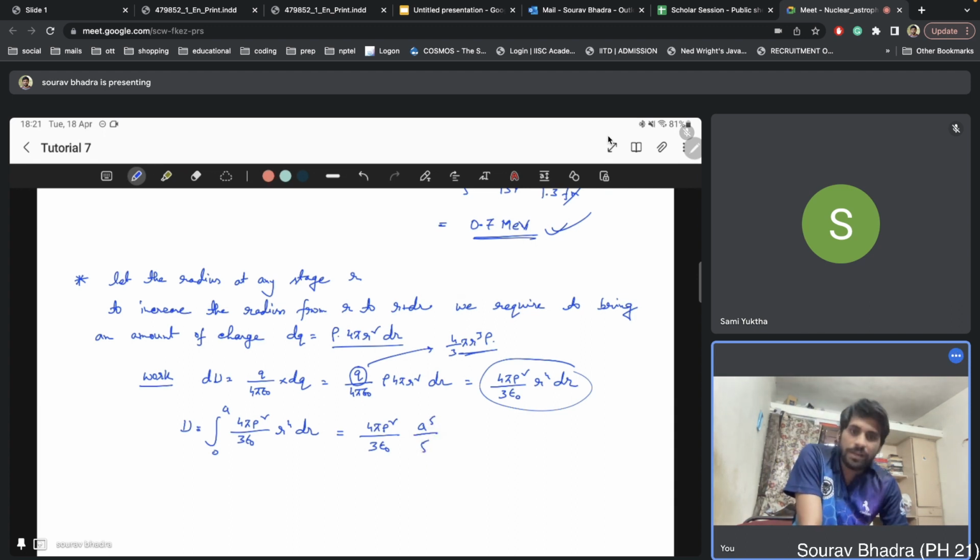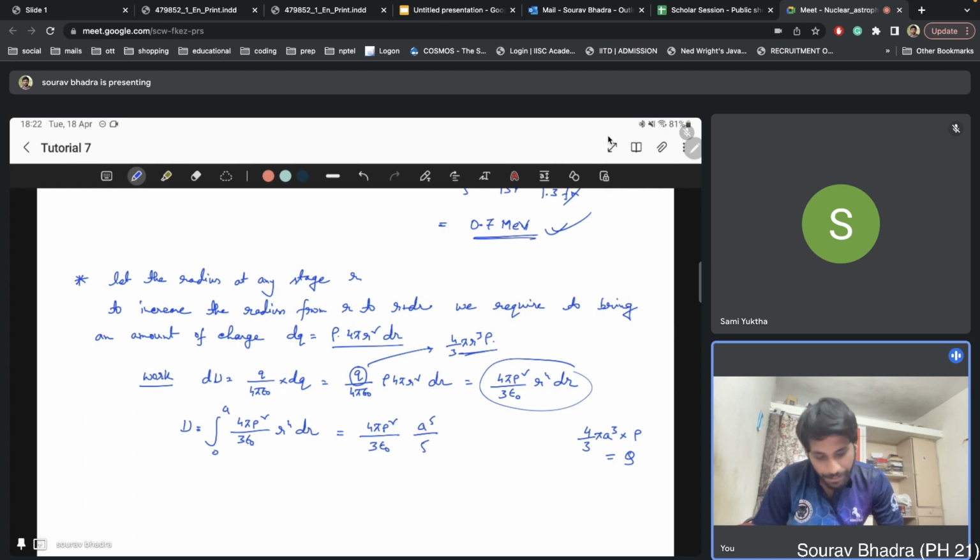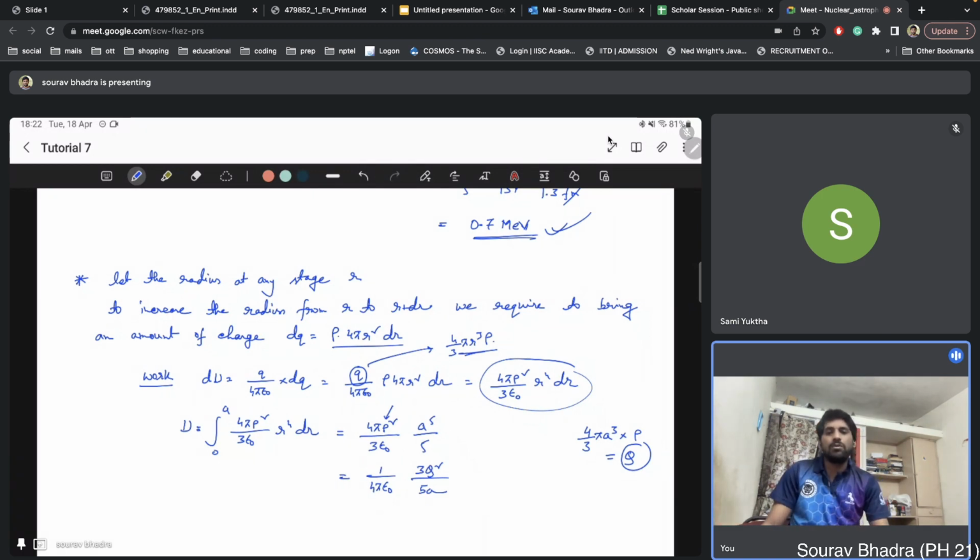And we have constructed the nucleus with radius a, so at the end of the construction, the volume will be 4/3 pi a cube, the charge density is rho, that will give you the total charge of the nucleus, that is capital Q for our problem. So if you just replace this rho in terms of capital Q, then you will get the result 1 by 4 pi epsilon 0 into 3 q square by 5a. So that is how we got the electrostatic energy of a nucleus, which is actually 1 by 4 pi epsilon 0 into 3 q square by 5a.